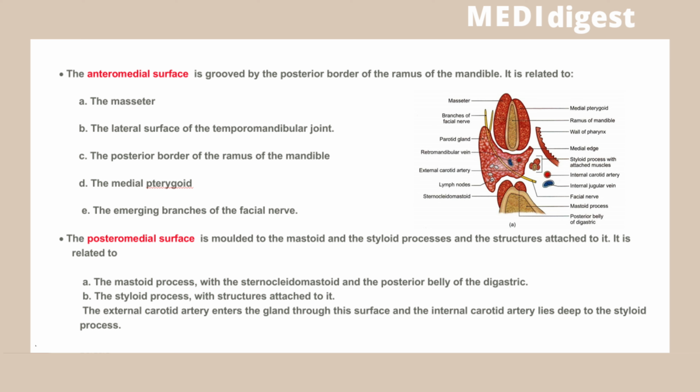The posteromedial surface is molded to the mastoid and the styloid processes and the structures attached to it. It is related to the mastoid process, the styloid process. The external carotid artery enters the gland through this surface and the internal carotid artery lies deep to the styloid process.